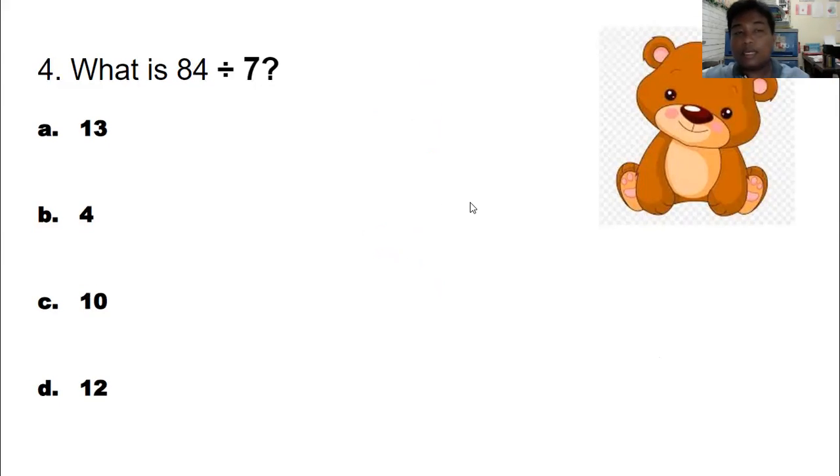How about 84 divided by 7? For you, what is 84 divided by 7? You try to compute it. You try to solve it.